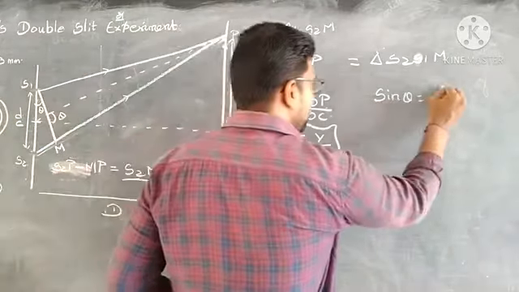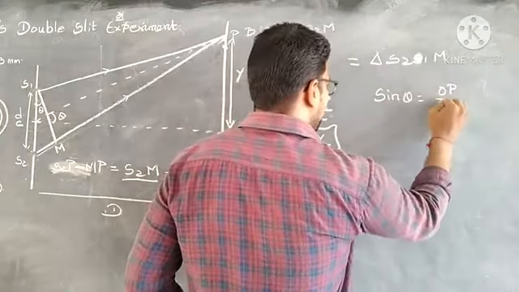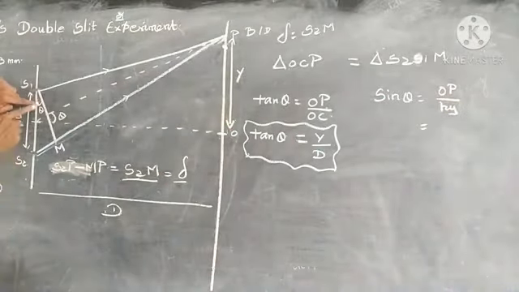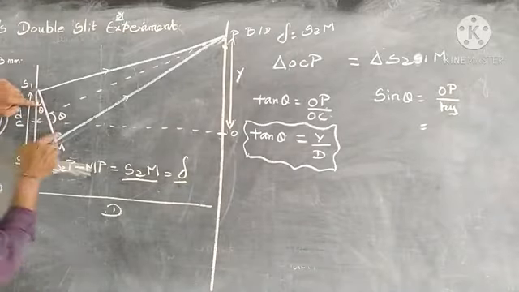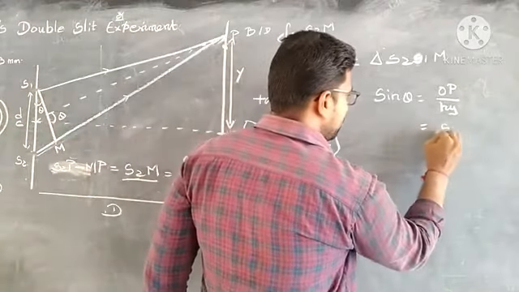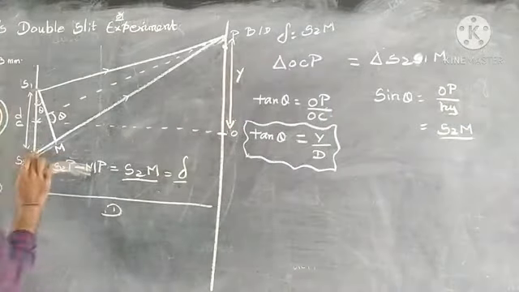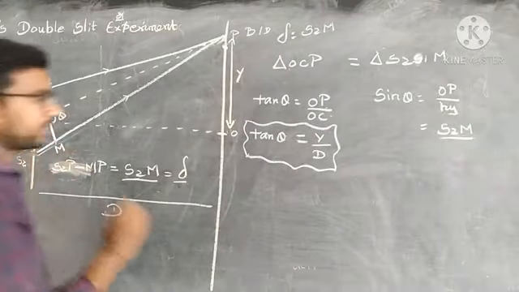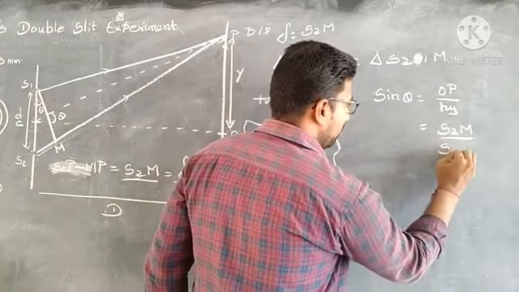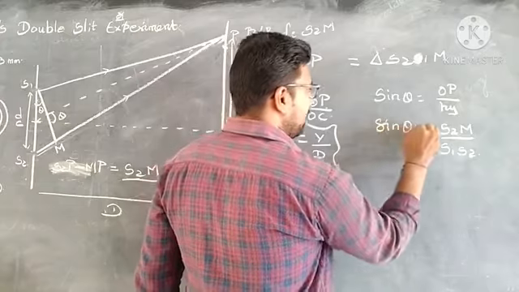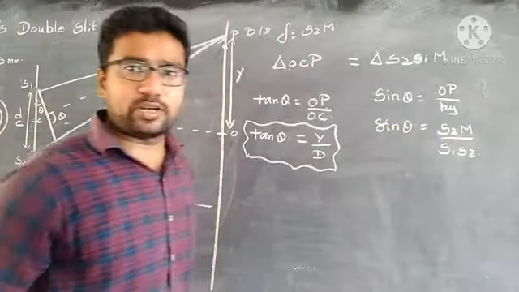So sin theta is equal to opposite side divided by hypotenuse. The opposite side is S2M, divided by the hypotenuse, which is S1S2. So sin theta is equal to S2M divided by S1S2.